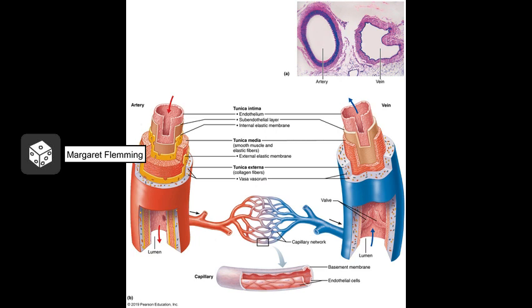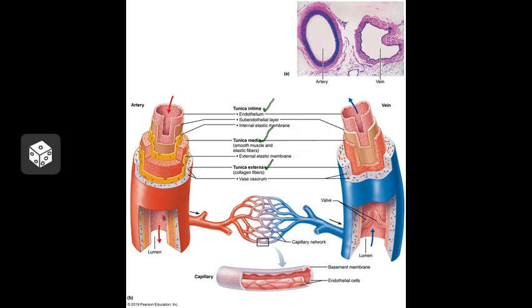When we compare the artery to the vein, we see that the vein does not have these elastic membranes. Veins are not very elastic at all, but they still do have the three layers: tunica intima, tunica media, and tunica externa.